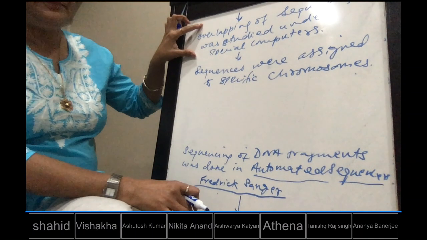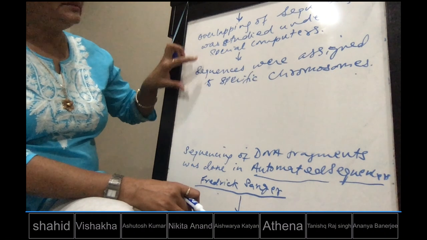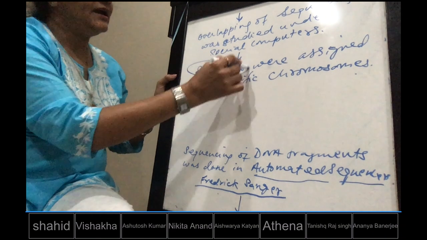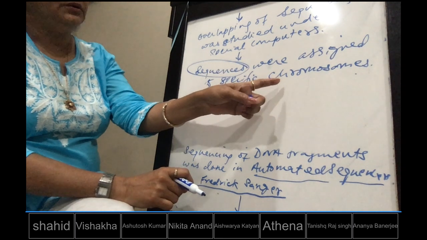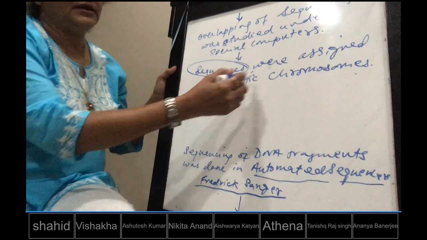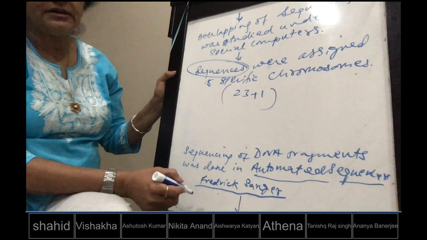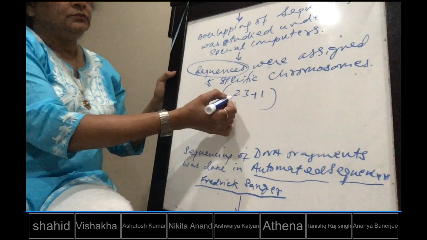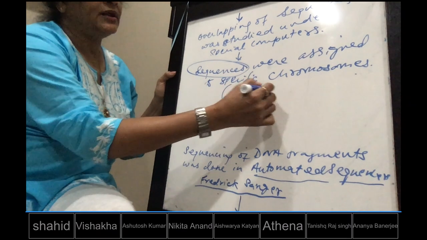After doing overlapping of sequencing, it was studied by special computers, and then the DNA sequences were assigned to the specific chromosome. Like in humans, there are, like I said, 23 plus 1. ये था genome का study in humans. You can write 22 plus 1 plus 1.